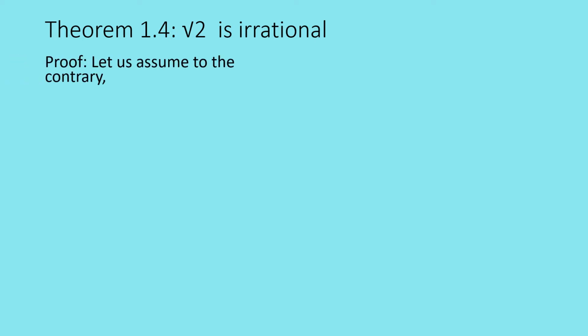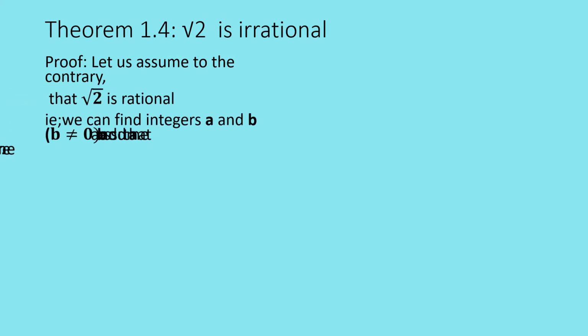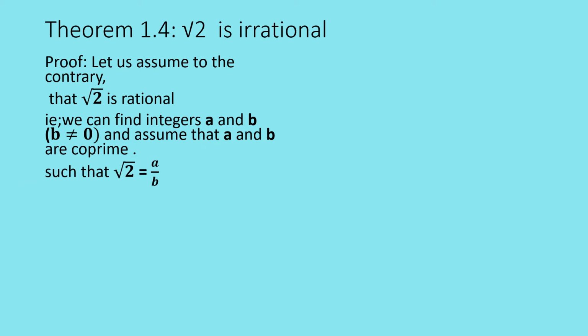For the proof, you have to assume to the contrary that root 2 is rational. That is, we can find integers a and b, b not equal to 0, and assume that a and b are coprime. So you can write root 2 equal to a upon b.